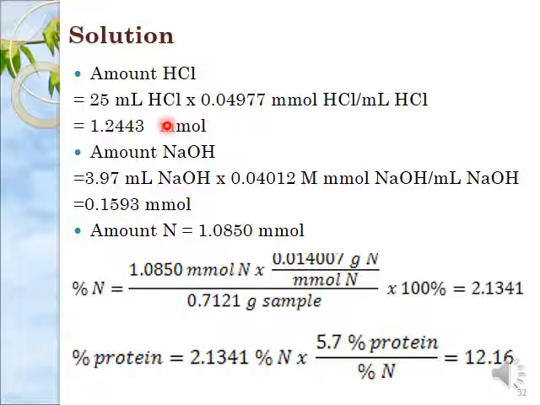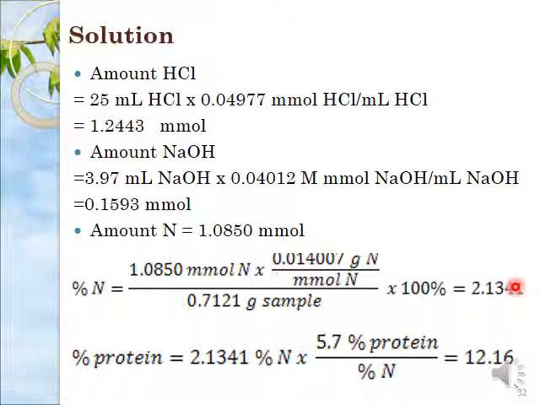So when it is in mole, you don't have to convert this into millimole. You just multiply by 14, which is the atomic mass of nitrogen, and divide by the original amount of sample. Then multiply by 100 because you want to find the percentage of nitrogen. So the percentage of nitrogen here would be 2.1341%.